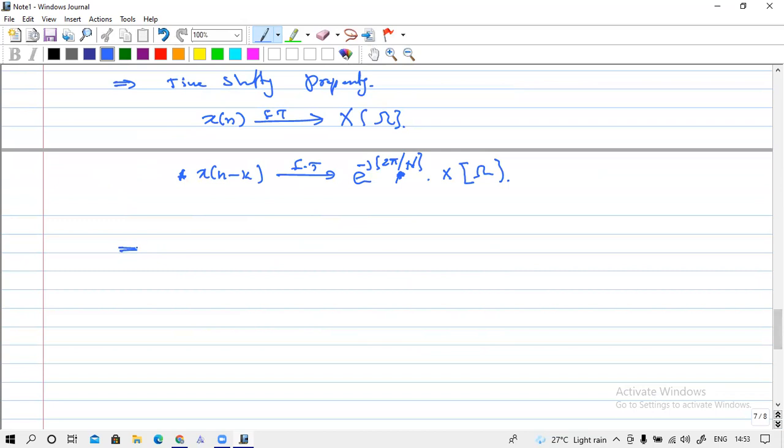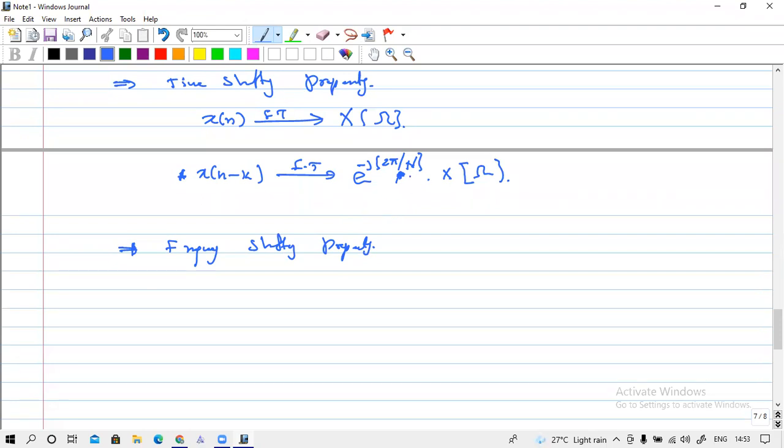The third property I want to tell you is the frequency shifting property. In the frequency shifting property it is said that... wait a minute.